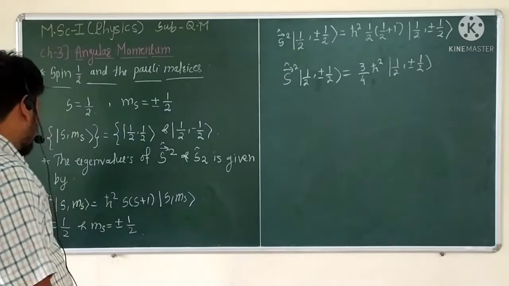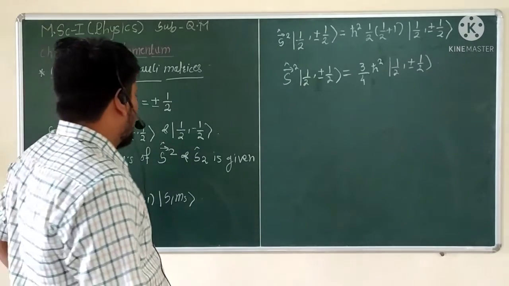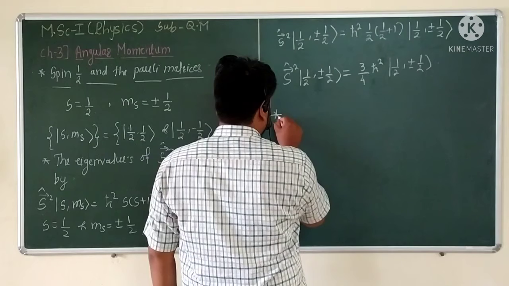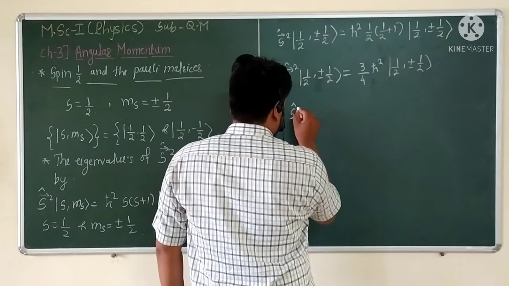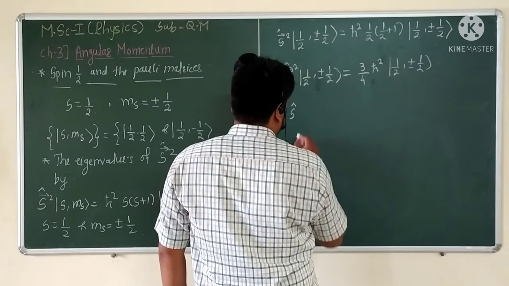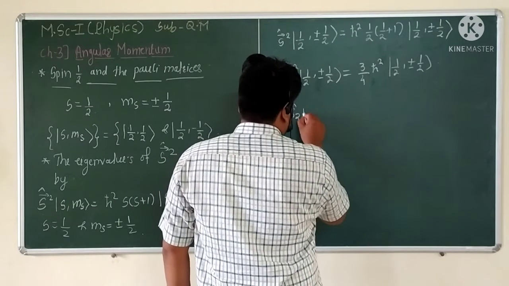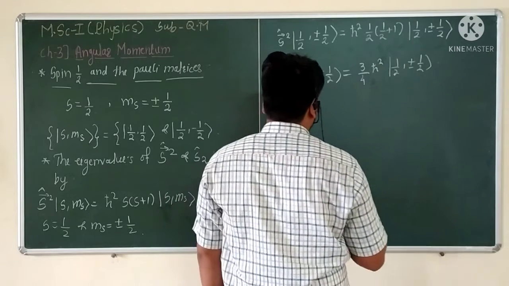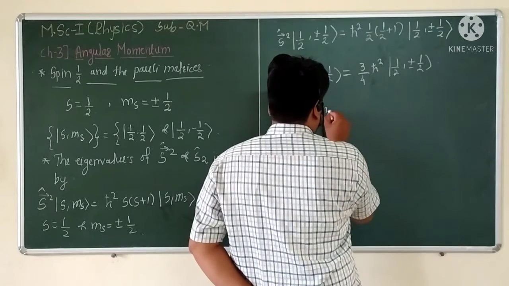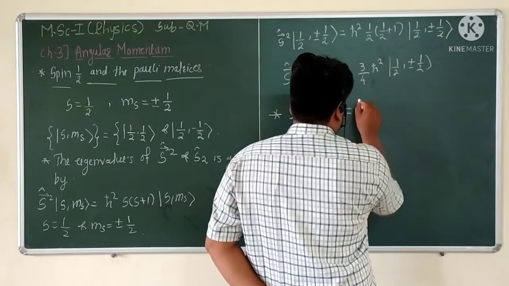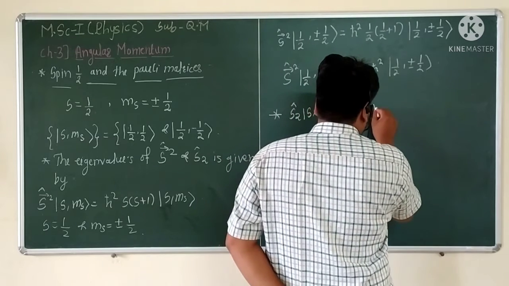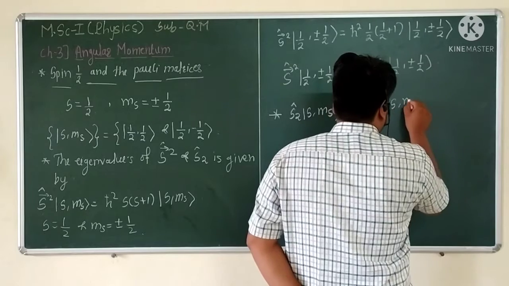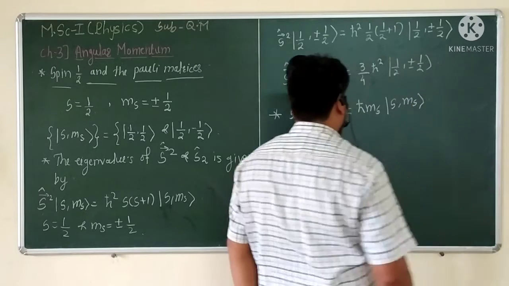Here again we want to calculate the eigenvalue of Sz cap. The eigenvalue formula is Sz cap acting on |s, ms> equal to h cross ms times the ket |s, ms>.